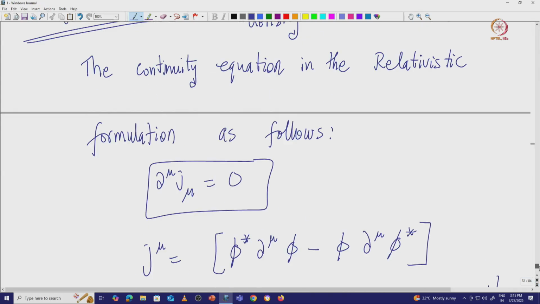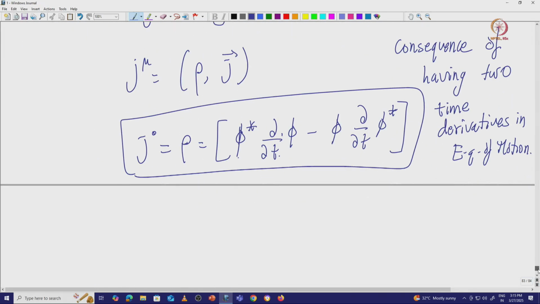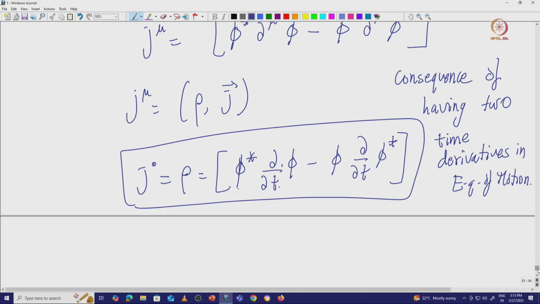Now if we have two time derivatives in the equations of motion, and when you do the analysis which we did earlier, essentially you will end up having the definition of the probability density to be a time dependent quantity. Now there is no way we can insist that this is positive definite, because you see the minus sign in between, and you can always choose the initial conditions such that rho could be negative, and it is allowed.